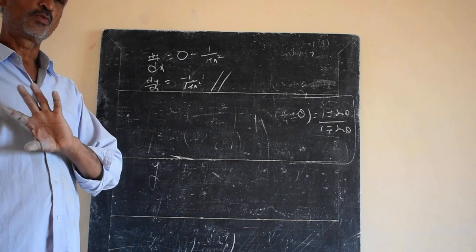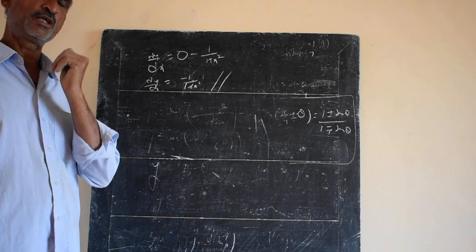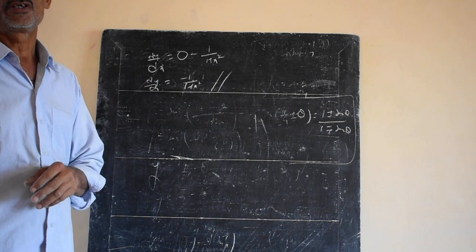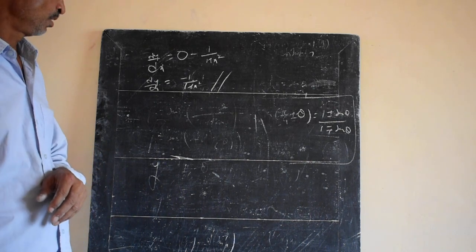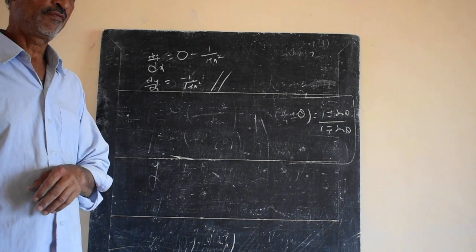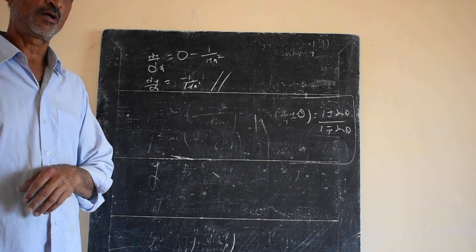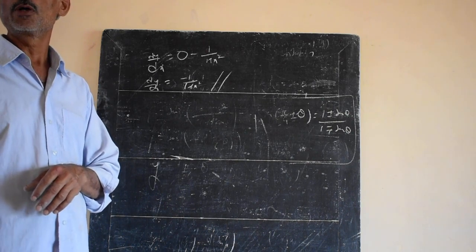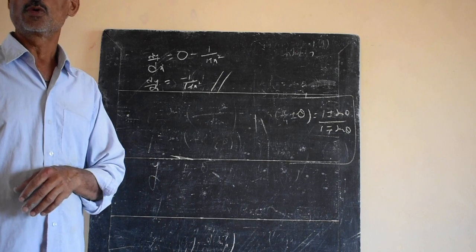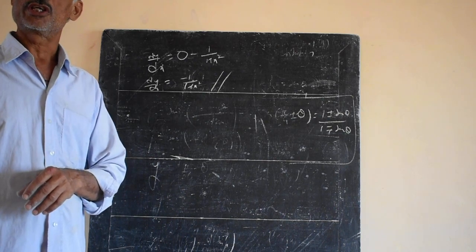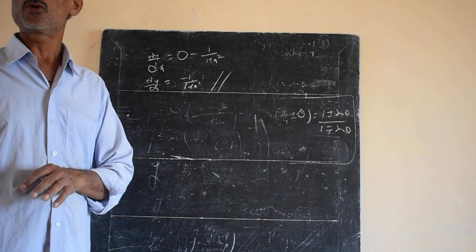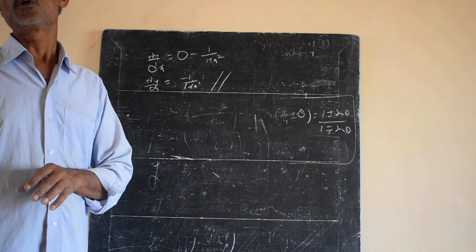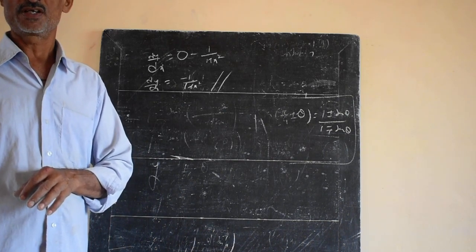Once the complicated inverse trigonometric function is expressed in the simplest form, then we can differentiate it within 1 or 2 steps. For every inverse trigonometric function, substitution is not necessary. For example, the problems given in the previous class: sin inverse x by 2, cos inverse x square. For those inverse trigonometric functions, substitution is not necessary. Directly you can differentiate.